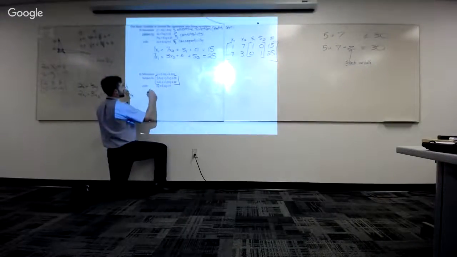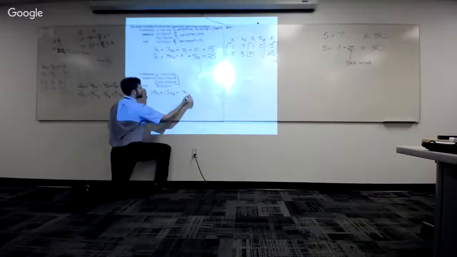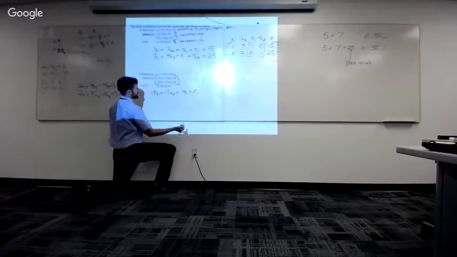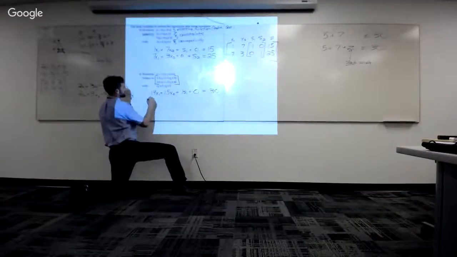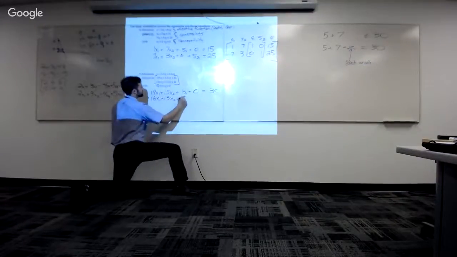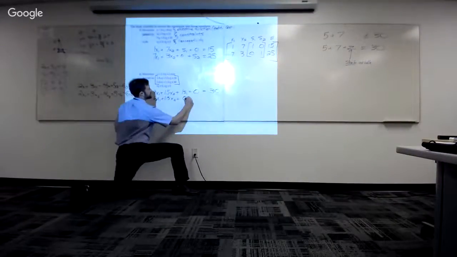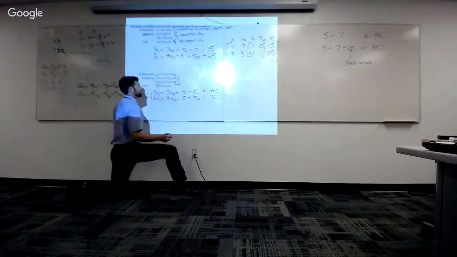So the first inequality becomes 1.9 x1 plus 1.5 x2 plus 1 slack 1 plus, leave a space, a placeholder like a 0, equals 30. And then the second inequality becomes an equation by writing 1.6 x1 plus 1.3 x2 plus no slack variable number 1 plus a slack variable number 2, and that equals 46.